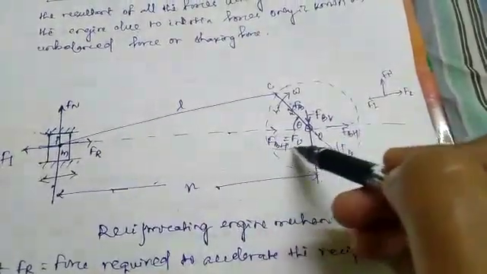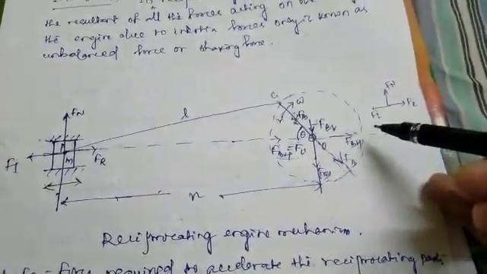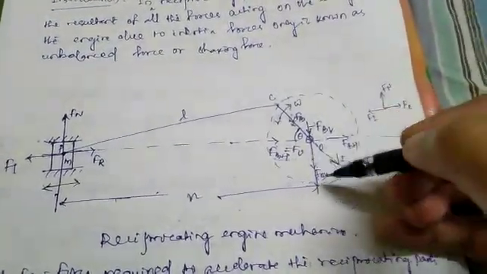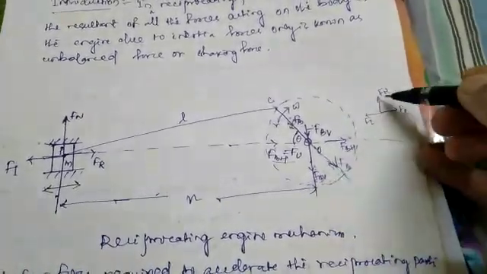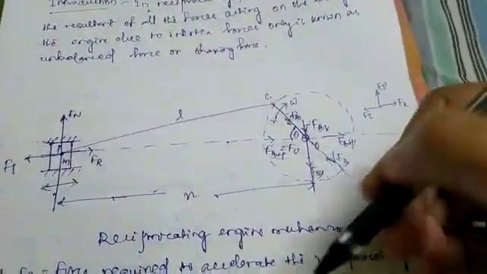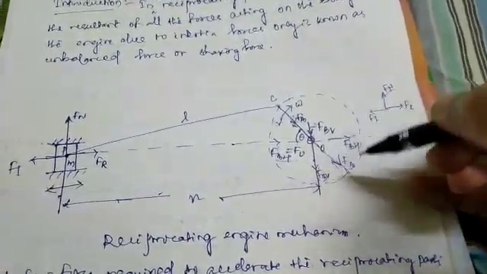That's why we are considering this as the unbalanced force. And why not Fbv? Because Fbv can be balanced with Fn, that is in the upward direction, and this is in the downward direction. So the only unbalanced force is Fbh.